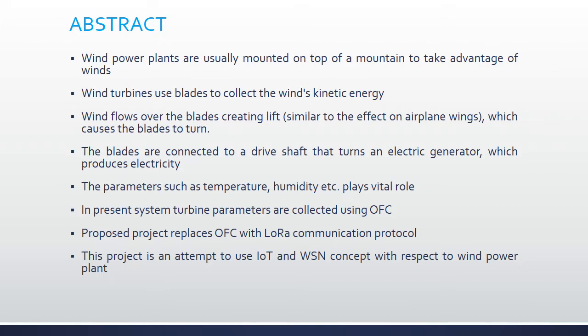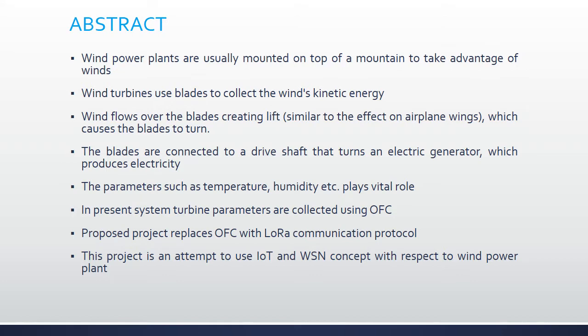These wind turbines have a component called blades. These blades collect the wind's kinetic energy. When wind passes over the blades, it causes the blades to turn, that is, to start rotating. The blades are internally connected to the drive shaft of the generator.